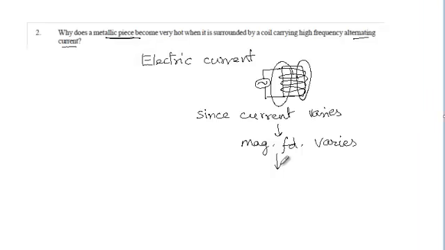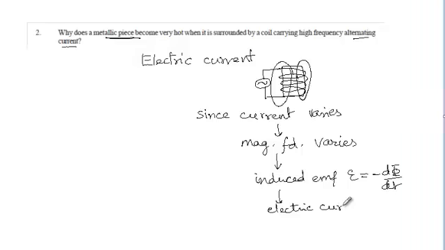Now you know that a varying magnetic field will produce an induced EMF, which by Faraday's law is given by E equals minus d phi over dt. This induced EMF will produce electric currents, which are also known as eddy currents. Now these electric currents will flow inside the metallic piece, and due to these electric currents the material will get heated up.